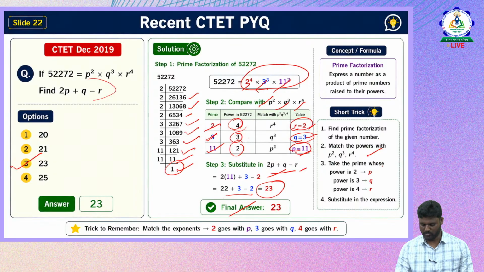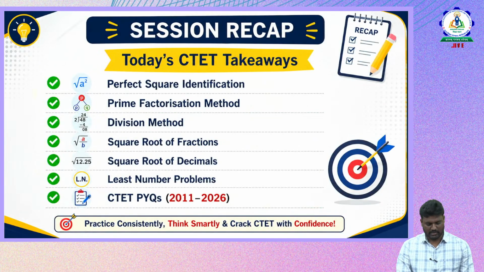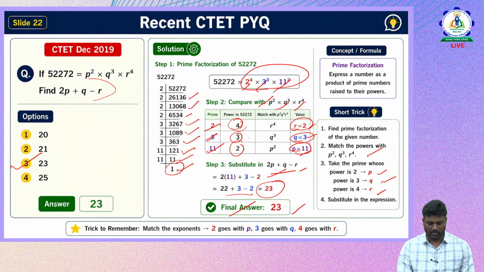Take the prime whose power is 2 as p, whose power is 3 as q, and whose power is 4 as r, and substitute these into the expression, then we'll get the answer. So these are some of the repeated questions from paper 1 and paper 2 on the concept of square and square root.